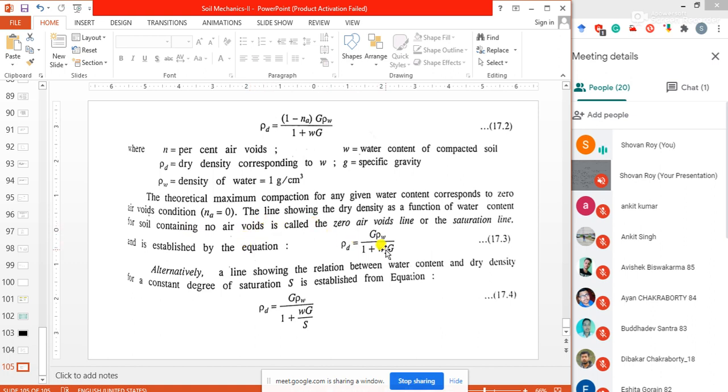The line showing the dry density as a function of water content for soil containing no air voids is called the zero air voids line or the saturation line.